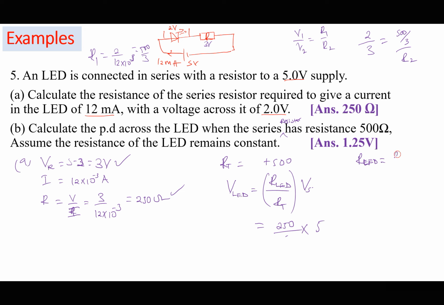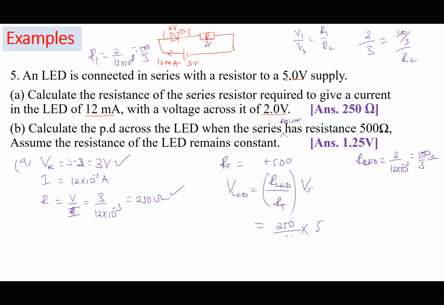V, which was 2, divided by the current, which was 12 times 10 to the power of minus 3, which was 2 divided by 12 exponent minus 3, which was 500 divided by 3 ohms. That was the resistance.